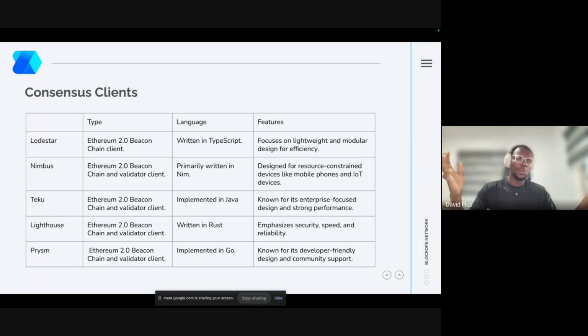But when different persons are running different clients, it's also strengthening the network. So this is one of the reasons for several clients.